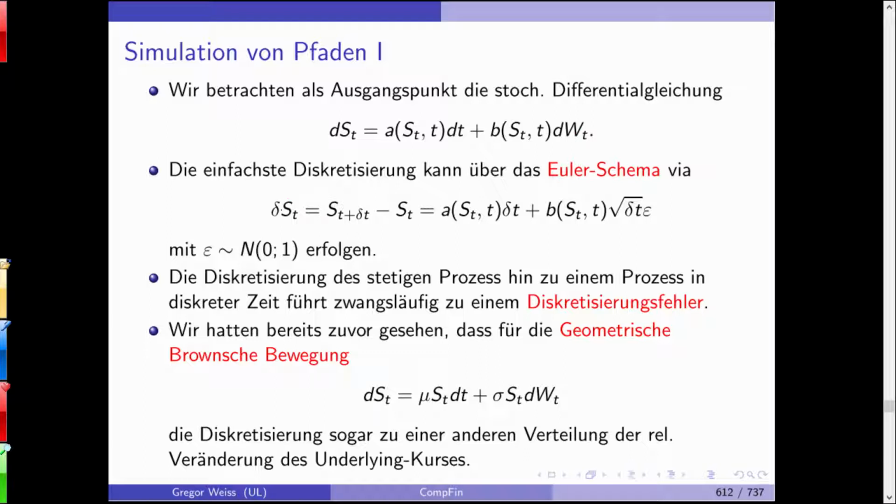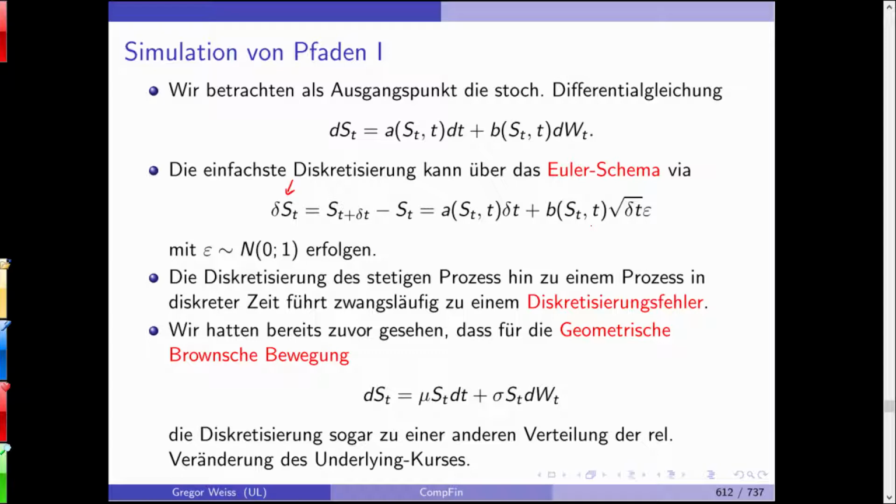What can we do? Delta S_t is discretized by delta S_t, so this is S_(t+delta t) minus S_t. And this is just parameter a times delta t plus b times the square root of delta t times epsilon. And we know the Wiener process has normally distributed increments.